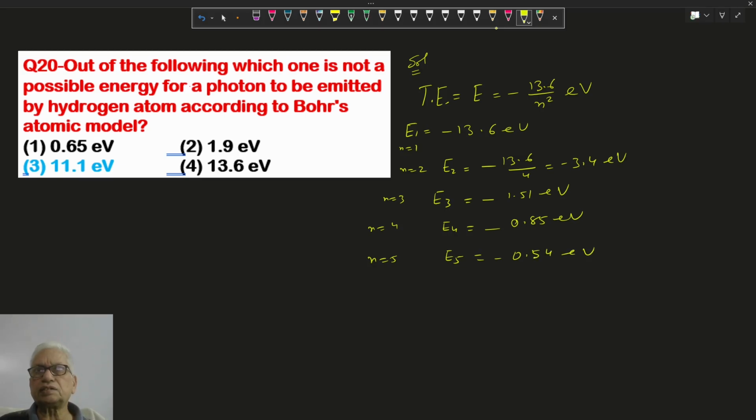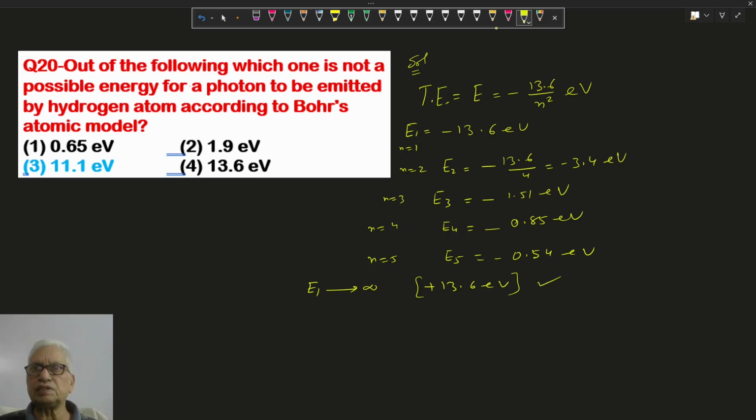If the electron is transferring from one orbit to another, the energy required is E1 minus E2, E1 minus E3, E2 minus E4, E3 minus E5, and all such combinations. If we take the energy E1 to infinity, it means positive 13.6 electron volt is required to remove the electron from the innermost orbit.